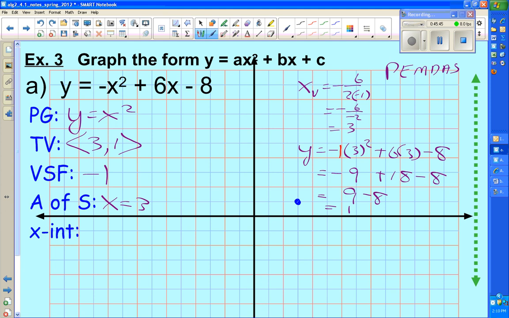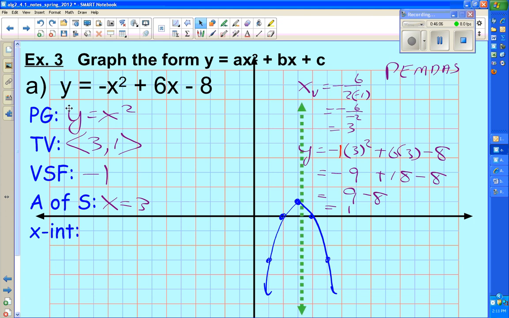In the parent graph, it's right 1, up 1. What are we going to do? Right 1, down 1. And left 1, down 1. Right 2, down 4, and left 2, down 4. So my graph is going to look like that.